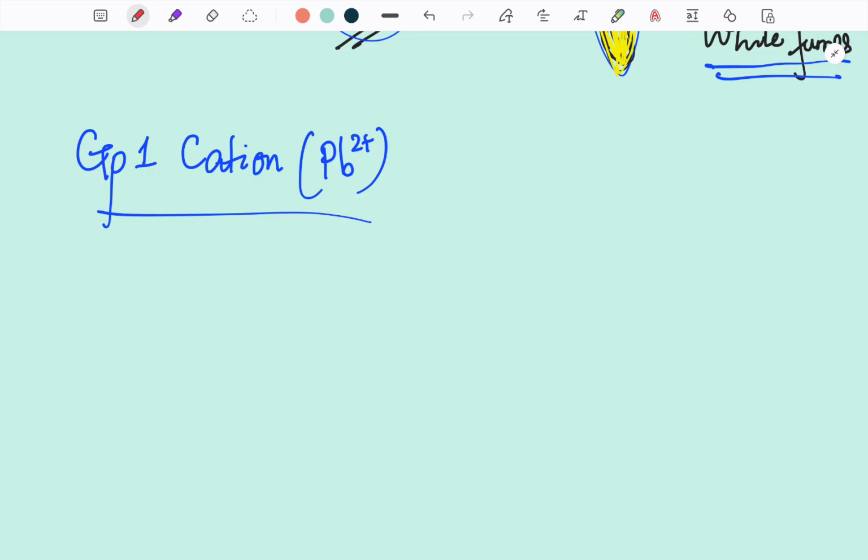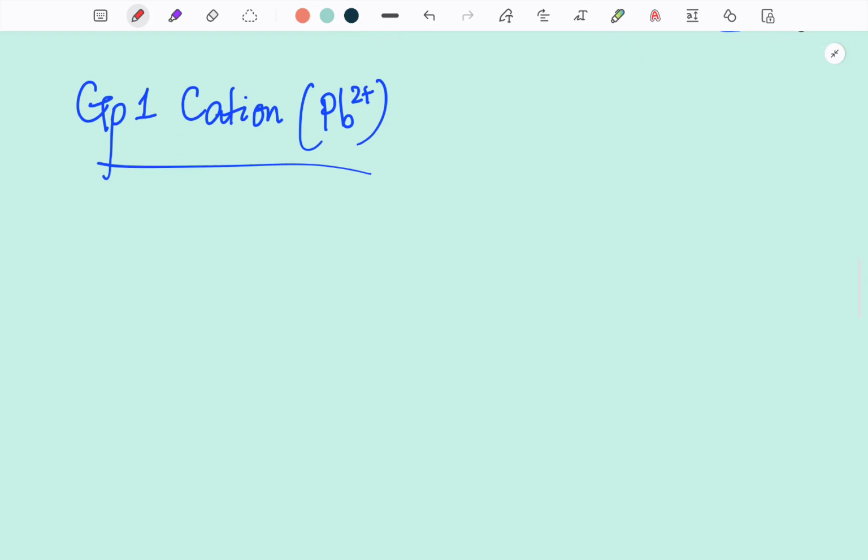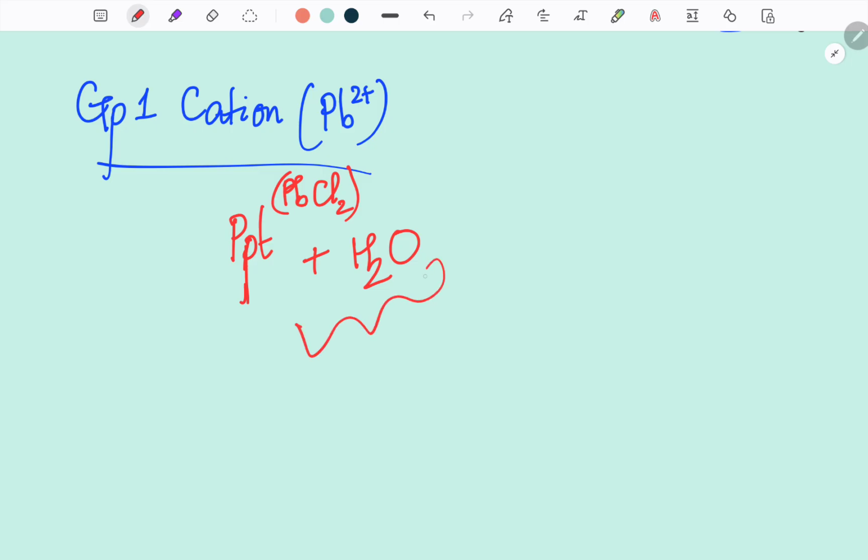Like that, for group 1, you have to use the precipitate that is formed. If you remember, the precipitate that was formed is actually lead chloride. That lead chloride precipitate has to be taken, and you need to dissolve it in water. For group 1, the solvent that we are using is water, and then you need to heat it.